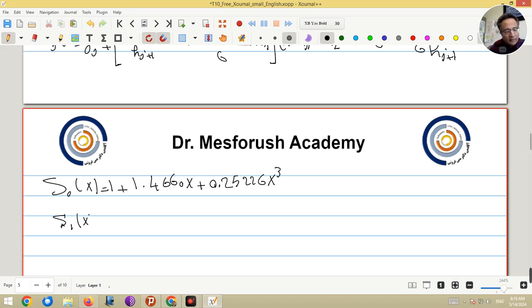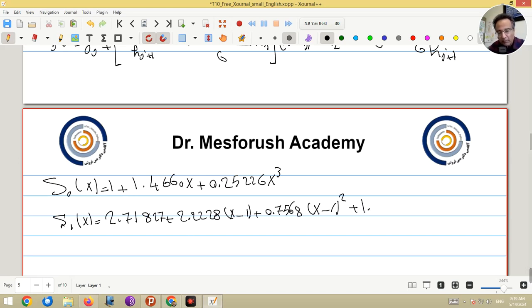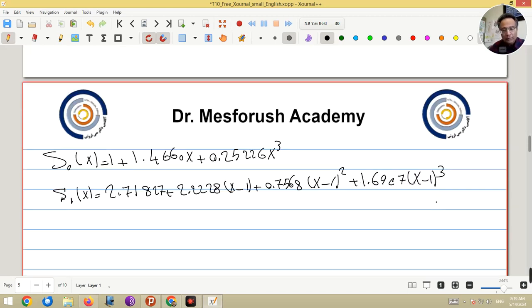S1 of x will be equal to 2.71827 plus 2.2228 times (x minus 1) plus 0.7568 times (x minus 1) squared plus 1.6907 times (x minus 1) cubed.